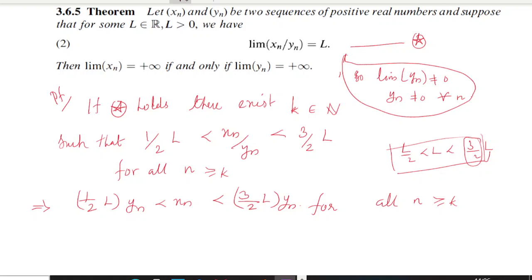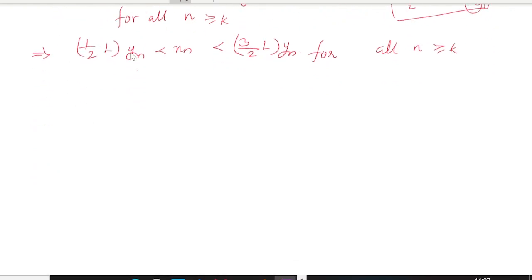Now consider the first part of this: 1 by 2 L into yn is less than xn for all n greater than or equal to k.